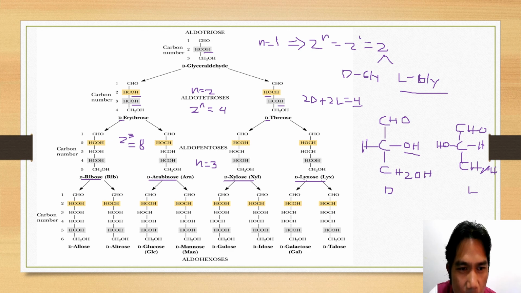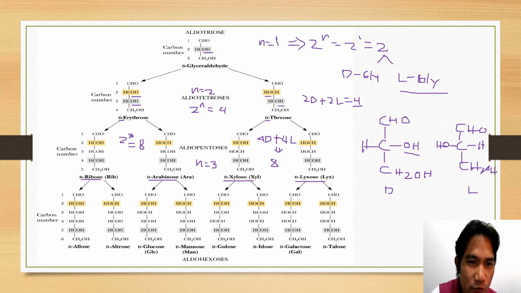As you notice, we have here 4 D's, and if you get the mirror images of these D's, so 4 D's plus 4 L's, then all in all there will be 8 different molecules that can be formed out of an aldopentose.